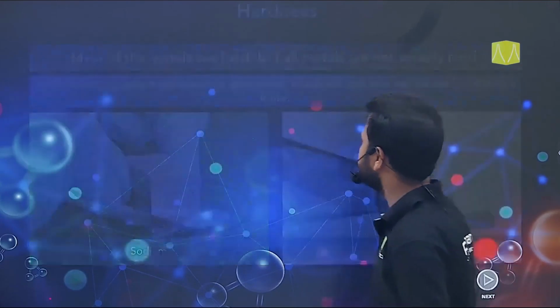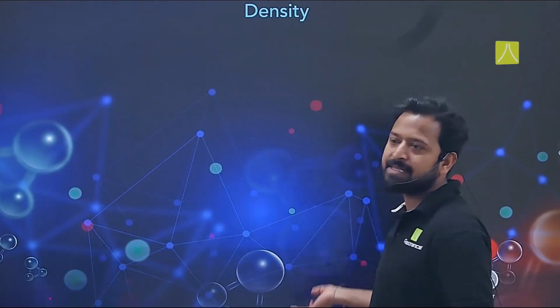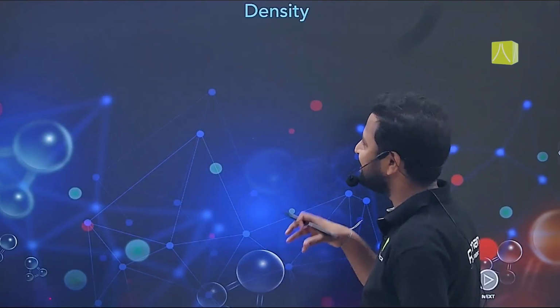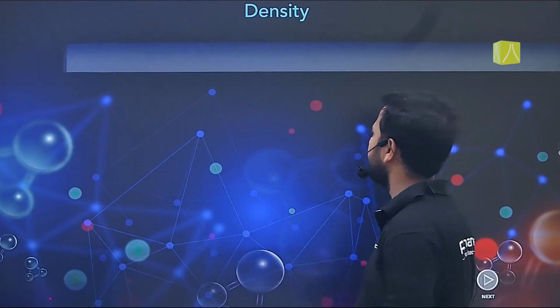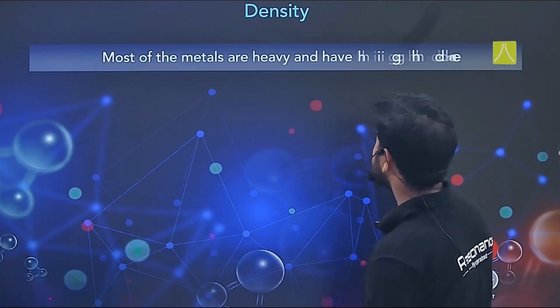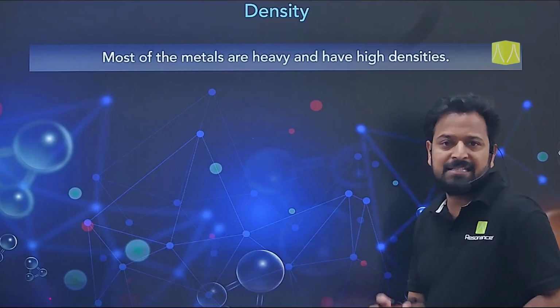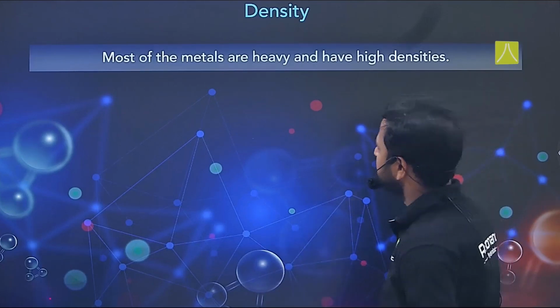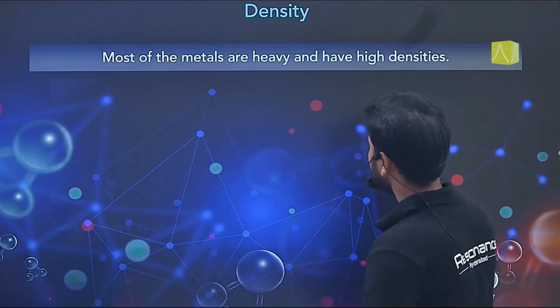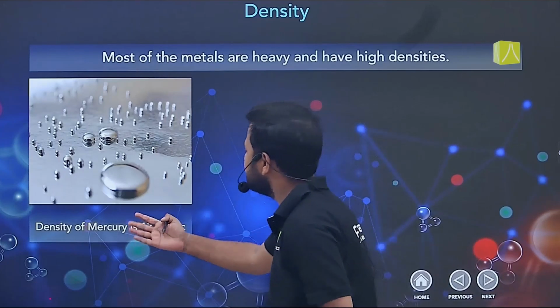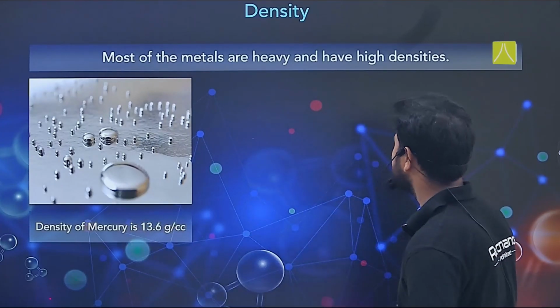Okay, moving ahead. The next property is density. Density is how dense something is. Most of the metals are heavy and have high density. This is a general trend. The density of mercury is 13.6 gram per cubic centimeter.